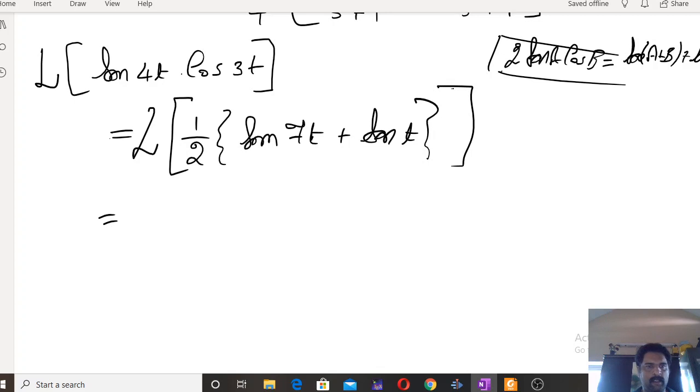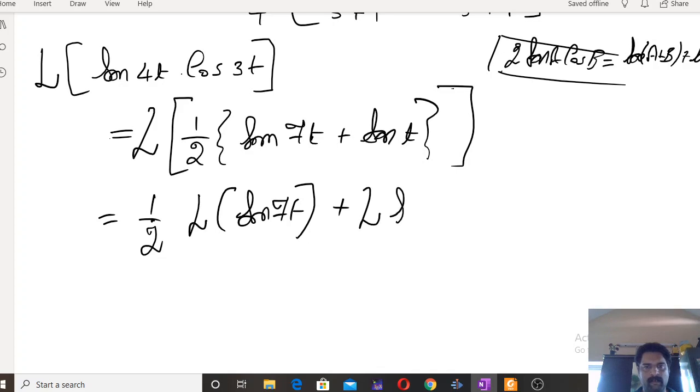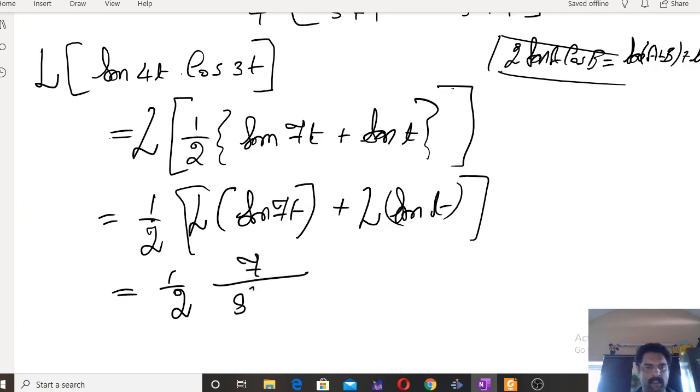Now it is equal to 1 by 2 into the Laplace transform of sin 7t plus the Laplace transform of sin t, which is equal to 1 by 2 into the Laplace transform of sin 7t, which is 7 by s square plus 7 square, that is 49, plus sin t, whose Laplace transform is 1 by s square plus 1 square.